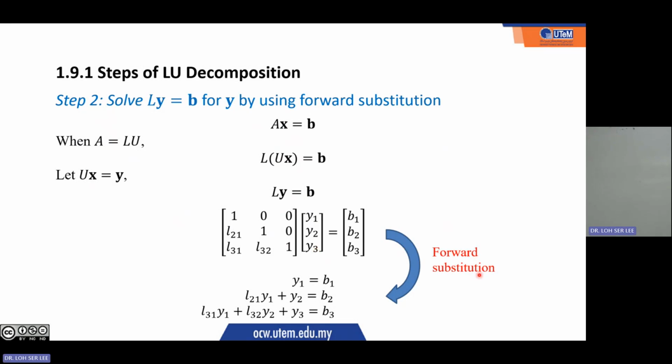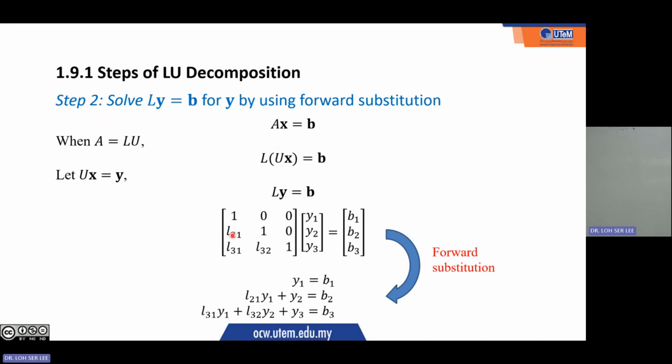So forward substitution. Forward substitution means we will start from the first row. The first row means 1 Y1 equals to B1, right? Then you know what is your Y1. Then from the second row, you have L21, a known value, times Y1 plus Y2 equals to B2.